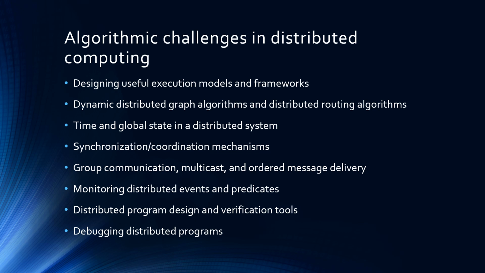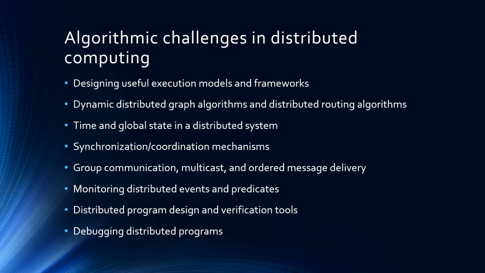Monitoring distributed events and predicates. Predicates defined on program variables that are local to different processes are used for specifying conditions on the global system state. Online algorithms for monitoring such predicates are very, very important. Similarly, an important paradigm for monitoring distributed events is that of event streaming, wherein streams of relevant events reported from different processes are examined collectively to detect predicates.